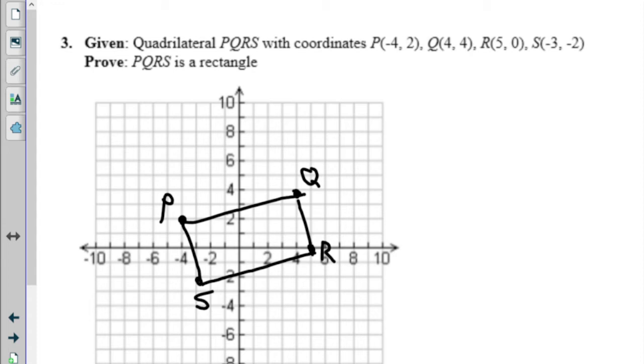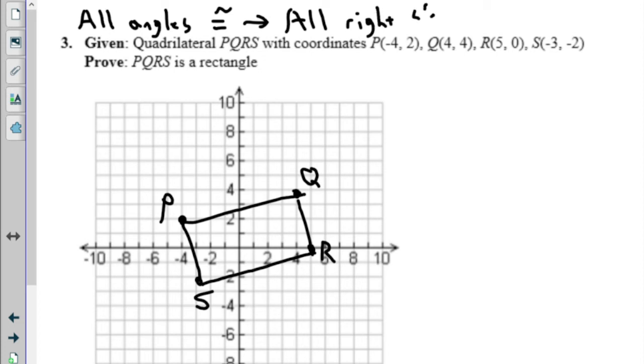This time we want to prove it being a rectangle. So if we want to prove it being a rectangle, that means that all the angles are congruent. That's not distance formula, because distance formula tells me about sides being congruent. If all the angles are congruent, that means that all the angles are right angles. All the angles are right angles.